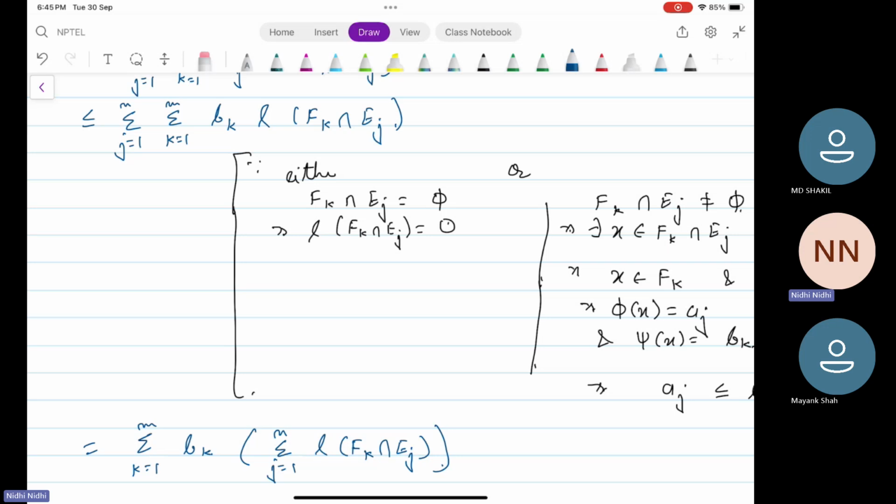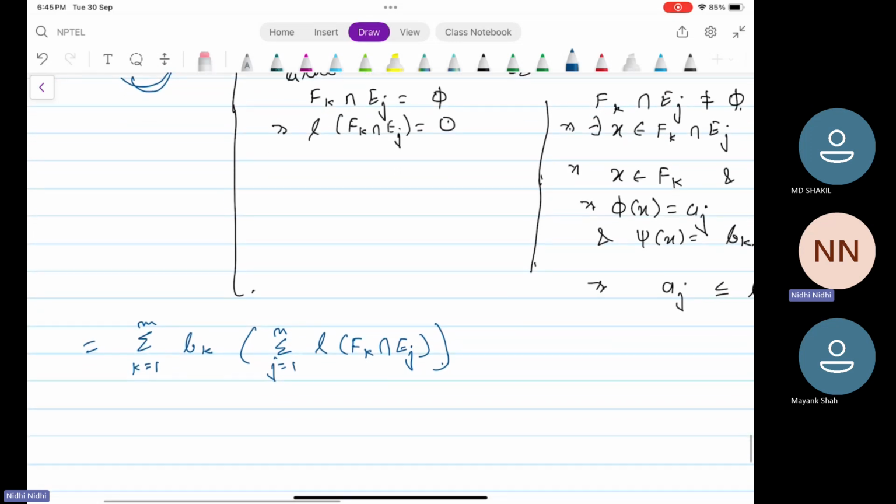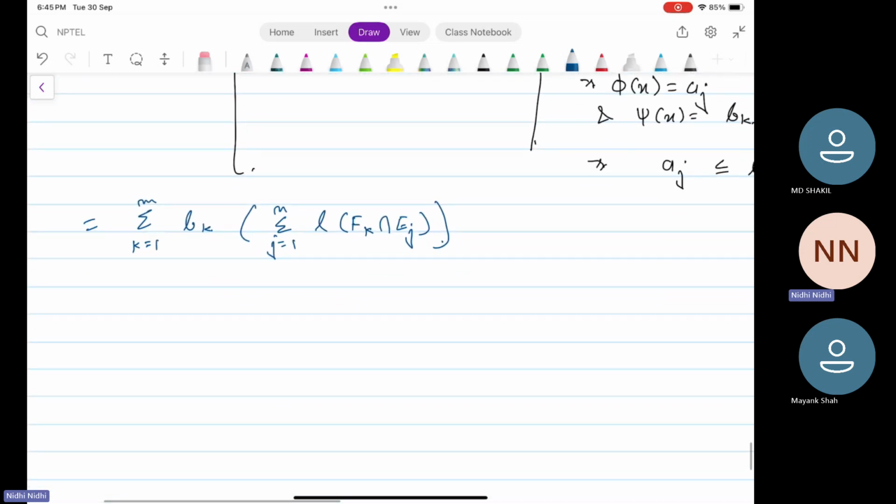Clearly, since J and K are independent, we can interchange these sums and write it in this form. Now, since this length is equal to the summation, this is equal to length of interval Fk. So, this is equal to summation K from 1 to M Bk length of Fk, which is equal to integral over x of function psi x dx.